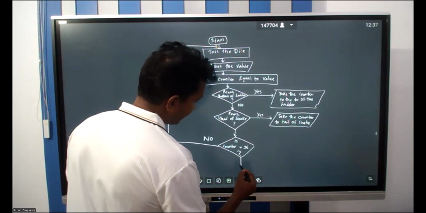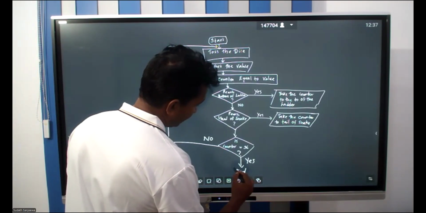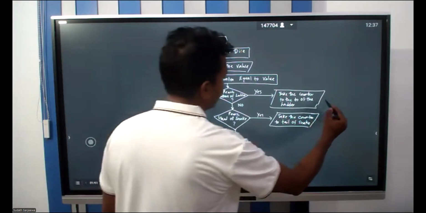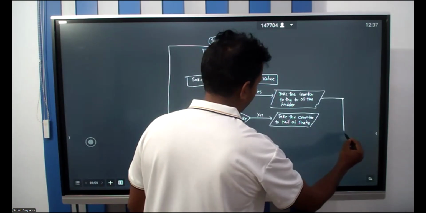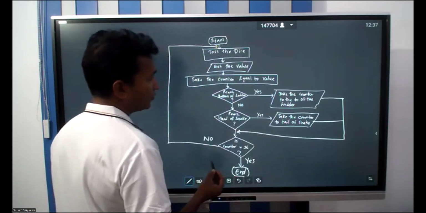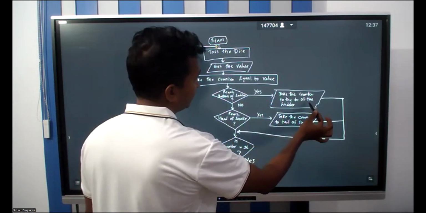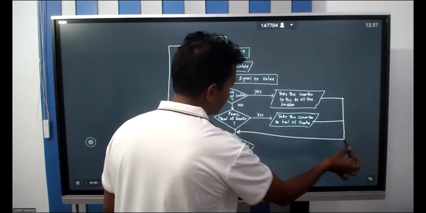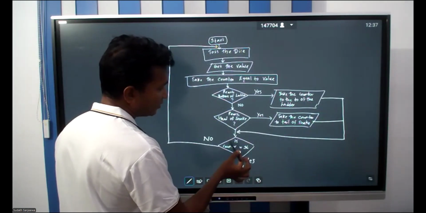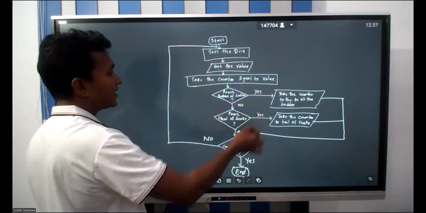If it is 36, we are going to end the program, right? So from here, we follow this place. If this becomes the bottom of the ladder, yes, then take the counter to the top of the ladder. Again, this comes to this place and we check whether the counter is equal to 36. If it is no, again toss the dice, right? Likewise, repeating these steps again and again.